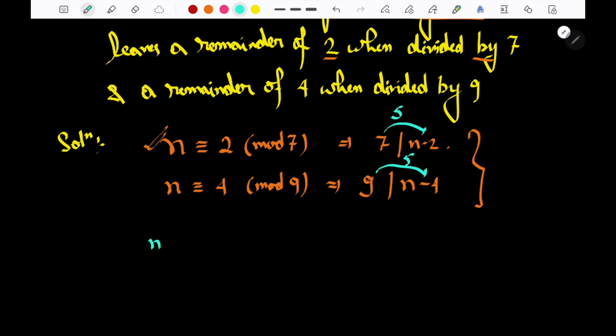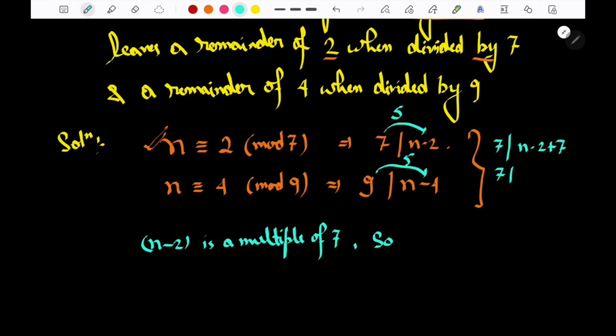So n minus 2 is a multiple of 7, so I add 7 on this side. In congruence modulo, I can directly do this: n minus 2 plus 7 can be done. So 7 divides n plus 5.